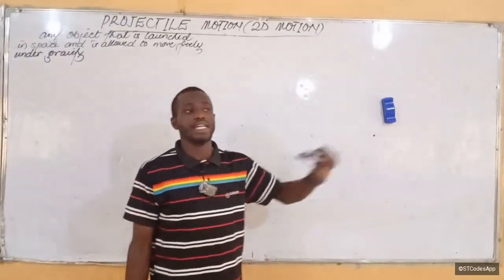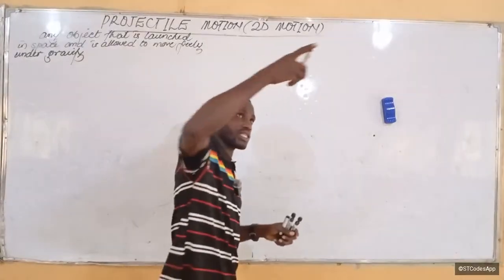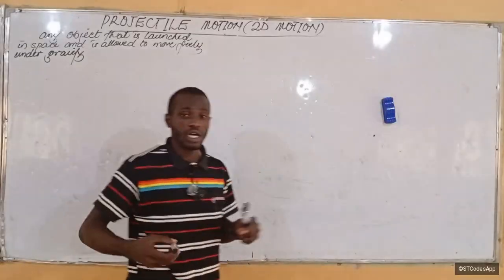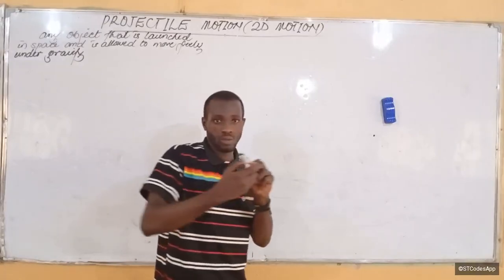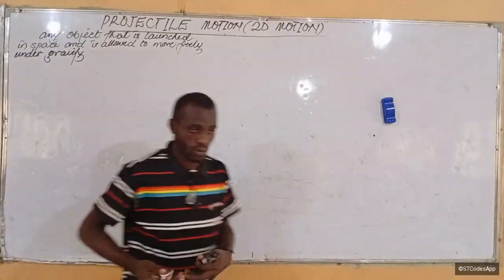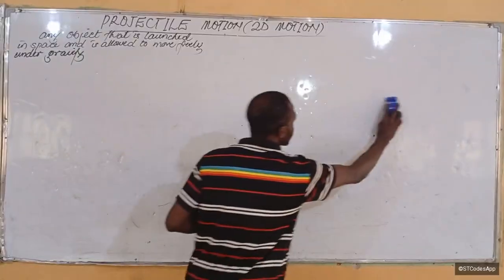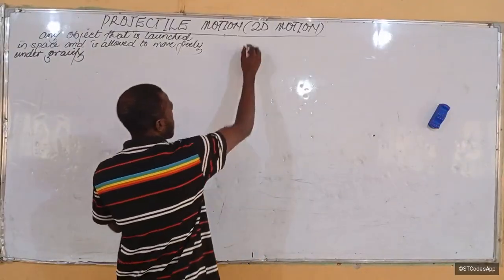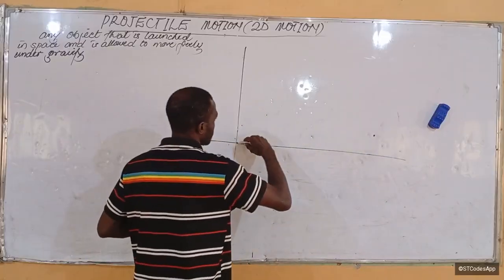Is that clear? But in the case of a projectile, when we launch this object, it will go up, it will translate upward and rightward. For example, if I throw it from here, it translated upward and rightward. So the motion of that object can be viewed as shown in this graph here.